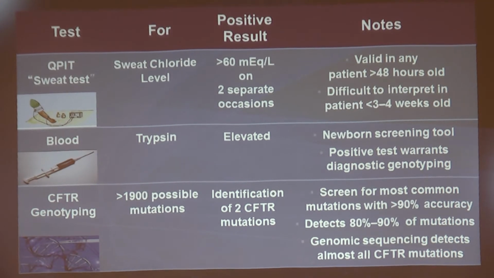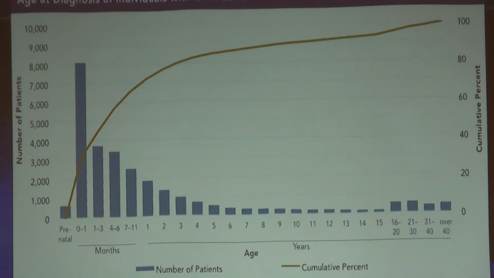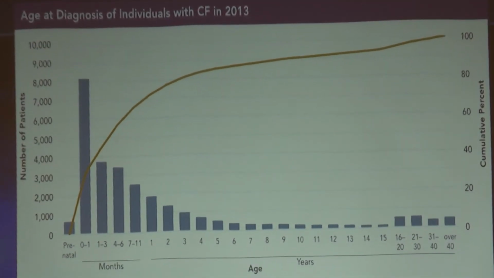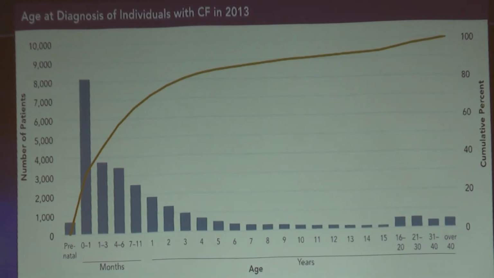So nowadays we see this has been picked up in all 50 states. I mentioned we started here in California in 2007. And that's resulted in a large number of diagnoses very early in life. As you see here, the largest number currently in 2013 is in the first month of life as a result of the universal newborn screening.